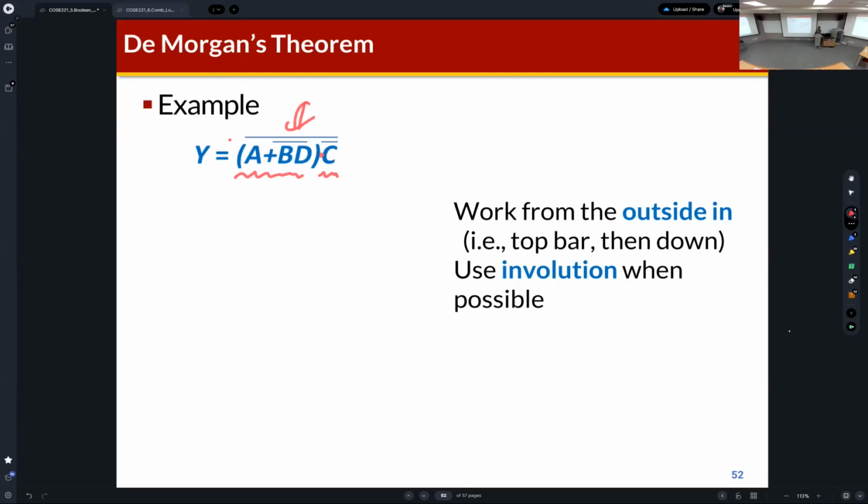When we apply the Morgan theorem, the multiplication, the AND gate, is changed to the OR gate, the addition, and the OR gate is changed to the AND gate, the multiplication. In this equation, you can find two terms here and a multiplication here. How can we rewrite this equation?